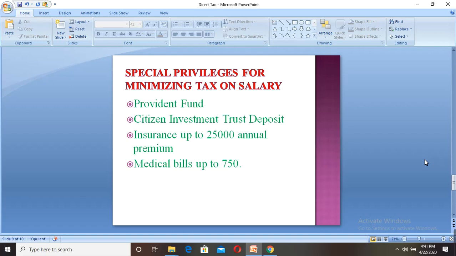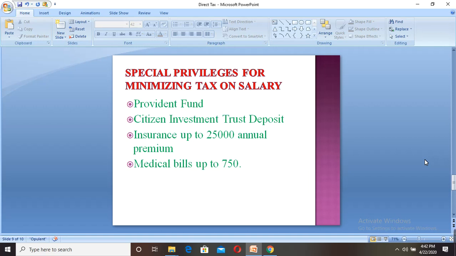Provident fund. What is provident fund? Another name for provident fund is pension fund, and its purpose is to provide employees with one single payment rather than in installments at the time of exit from their place of employment. That is provident fund. And using provident fund, someone can minimize tax on his or her salary.